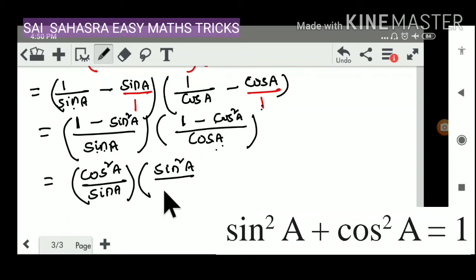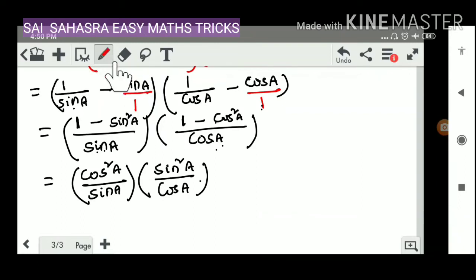In the denominator we have cos a. After that, the cancellation process: cos square a is nothing but cos a into cos a. One cos a is divided with this cos a one time. So sin square a is nothing but sin a into sin a.